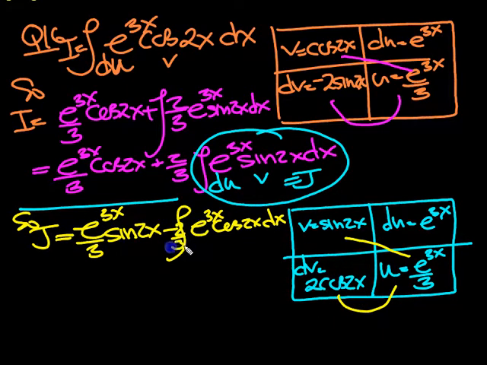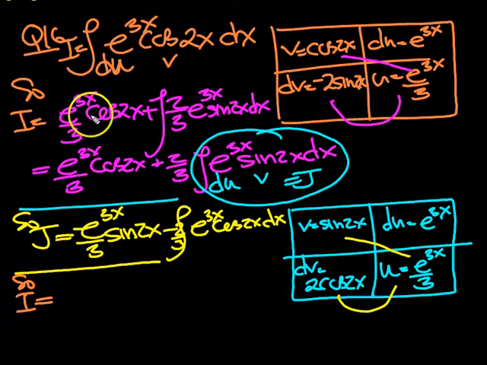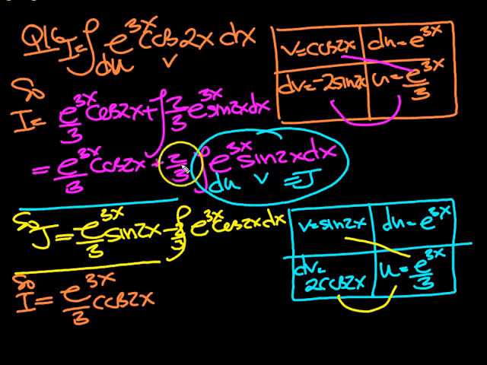So I'm going to put the 2/3 at the front, because this is just back to the original integral, isn't it, the I. So we can draw a line across the page now and piece it all together, can't we? So let's go back and say I equals then, let's have a look, shall we? What have we got? Well, it's e to the 3x over 3 cos 2x. That's that term. Plus 2/3 of J.